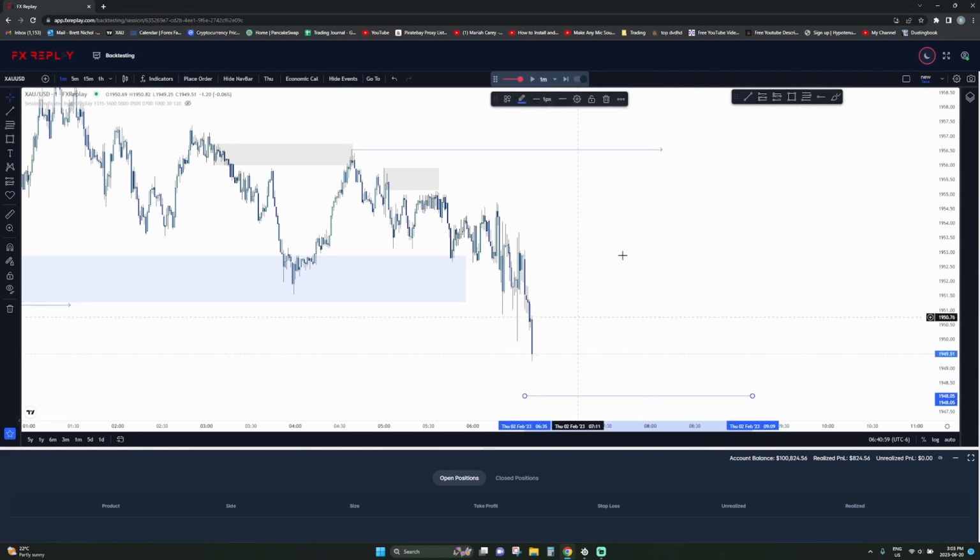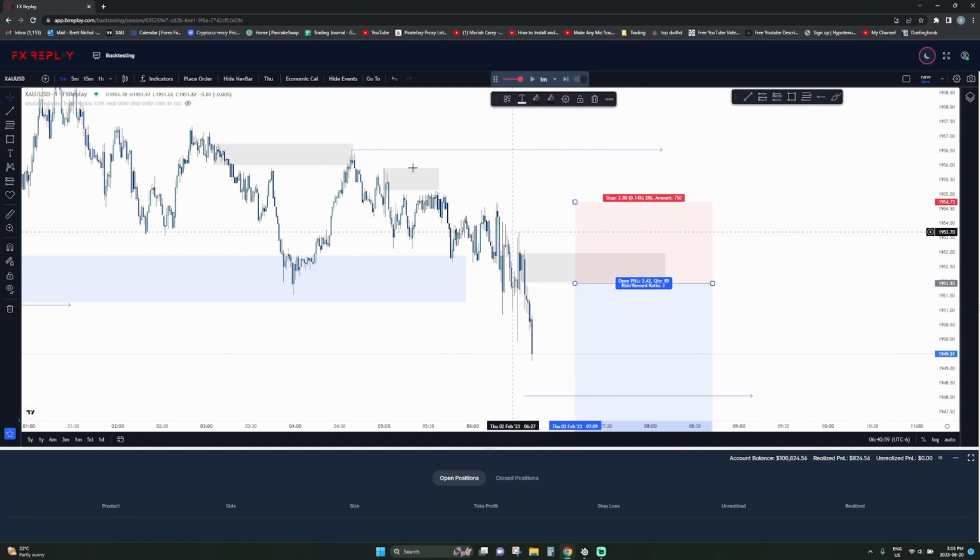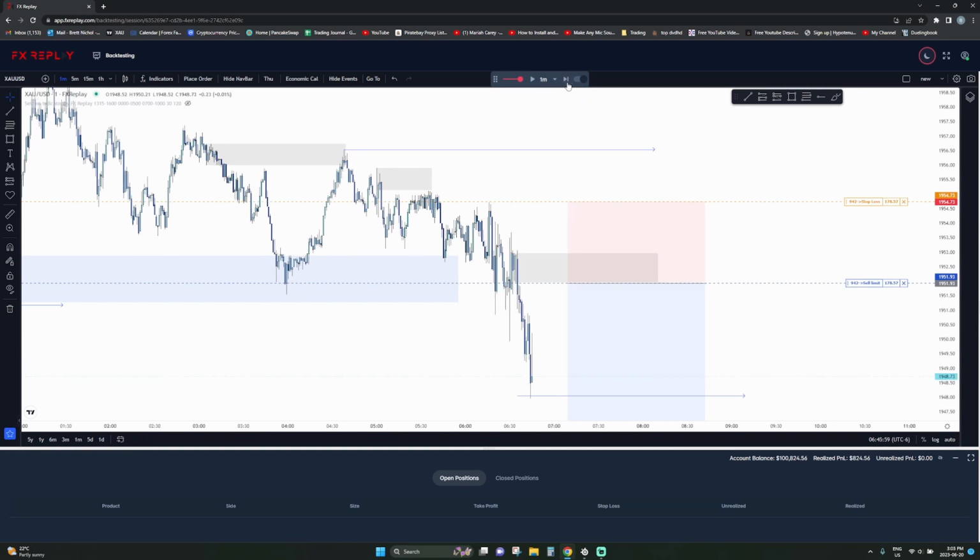I don't know where, but we have a supply zone essentially here. So that's my supply zone entry. So let's see what, oh, we got a new break of structure here. So that's the new entry.